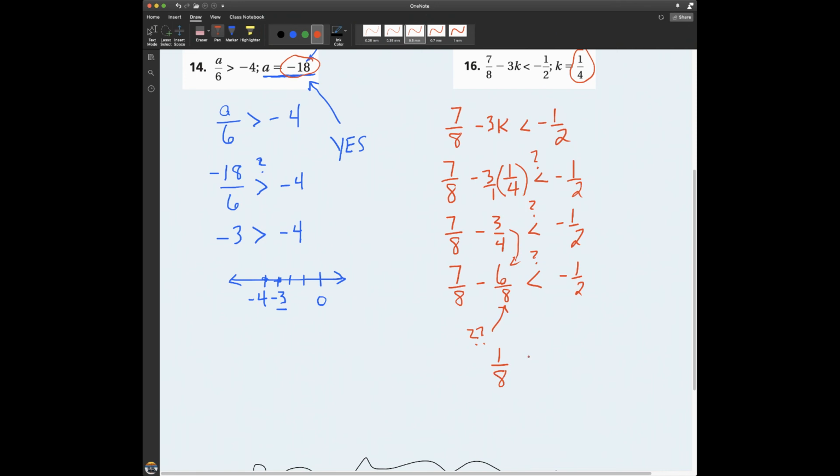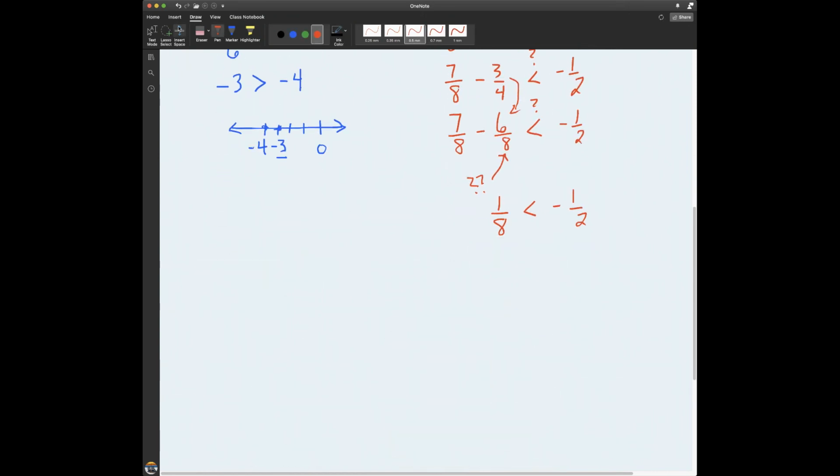Is that less than negative 1/2? You should be able to answer this question as well. We can answer this one with a number line. Negative 1/2 would be, let's say, somewhere over here.